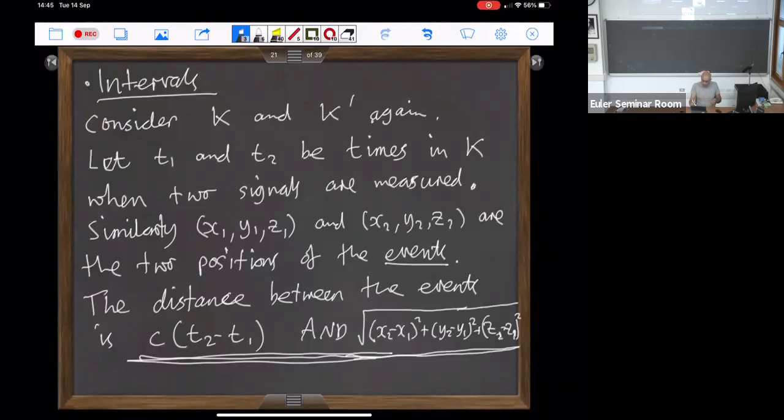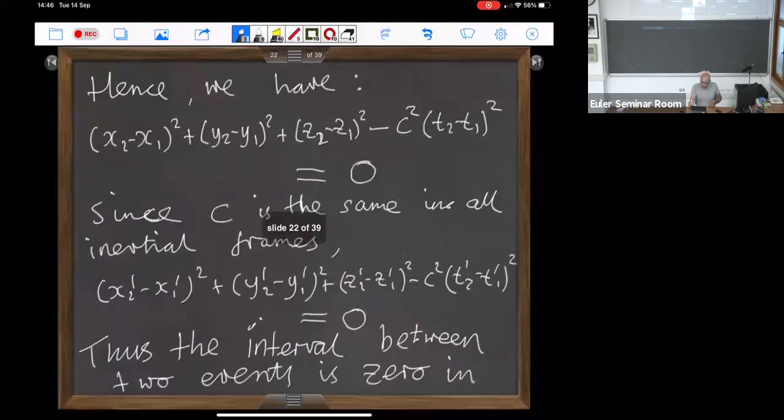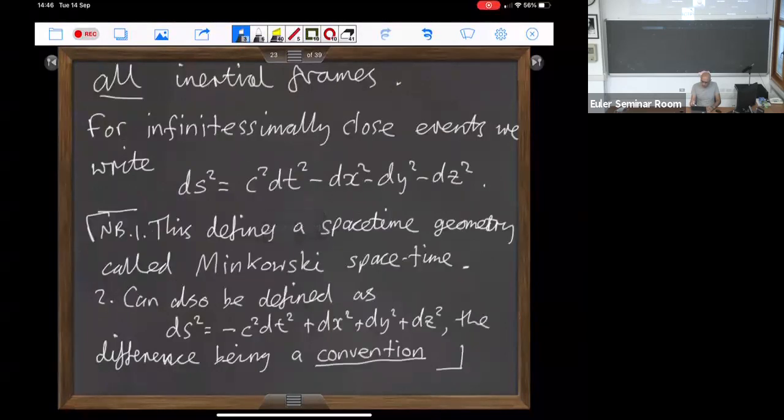When you take the square and set the interval to 0, you get this sign, and that relative sign is really crucial mathematically, and then has many physical consequences. It sounds simple, and it is simple, but it really has a lot of consequences. And so here, we've just taken an infinitesimal version of that.